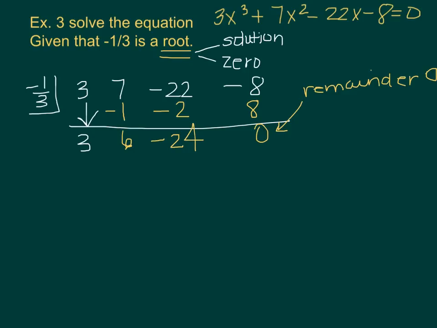And then what you're going to do is write this back as a polynomial. And you would factor. But before I factor, I noticed that all of these have a 3 in common, so I'm going to take out a 3.